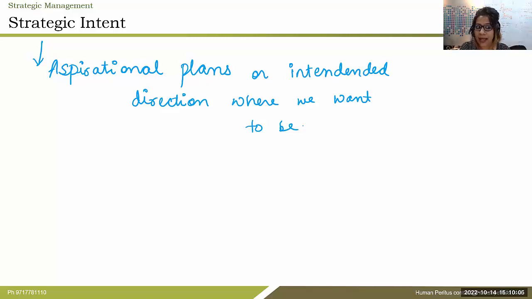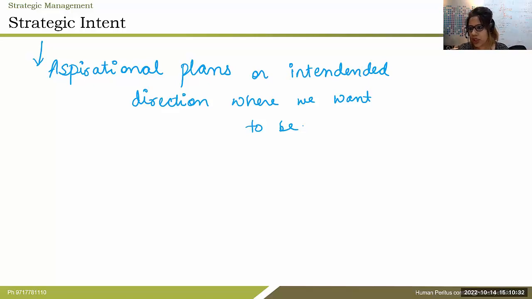That is one of the major reasons why we include vision and mission. Vision is the first part of strategic intent, because vision also says the same thing, that where we want to be. While I will discuss what vision is later, as of now I'm just telling you the strategic intent is aspirational plans or intended direction where we want to be.